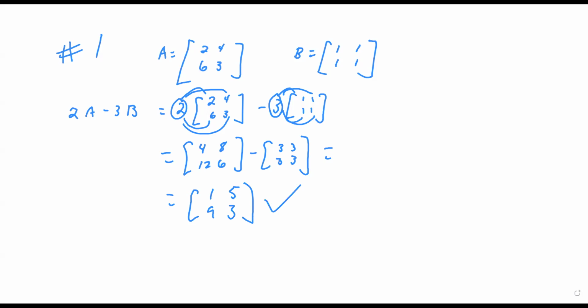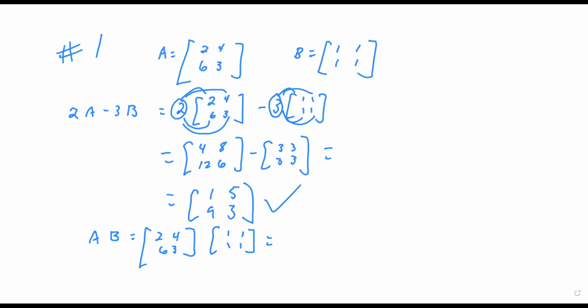Good. The other thing you need to be able to do, just like we've been doing in the entire module, is multiply. So let's look at what A times B would be. This is 2, 4, 6, 3 times 1, 1, 1, 1. How do we multiply matrices? Row, column.